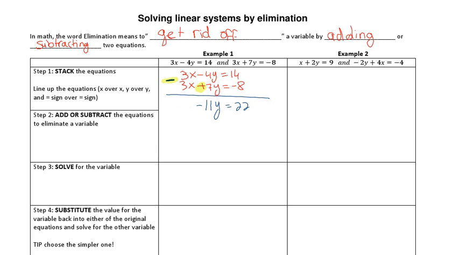Now, after I do that, I want to solve for that letter. So what do I do to solve for y? So how do I do that? Divide by -11. So divide both sides by -11, right? So that means it's going to be 22 divided by -11, which is -2.